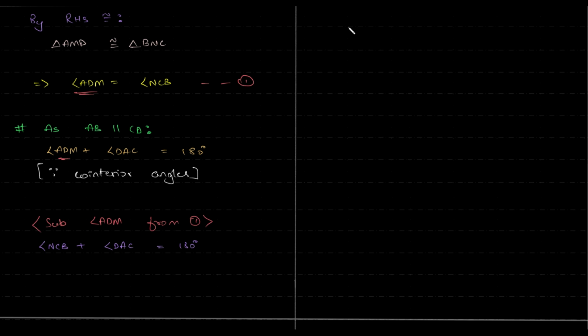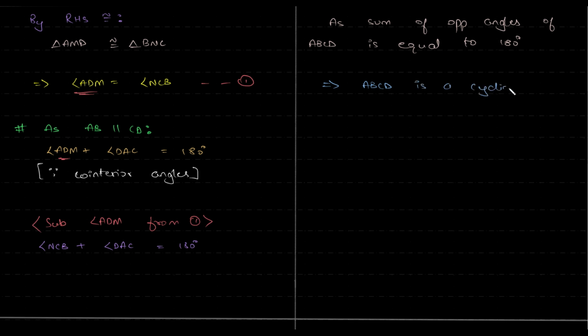And at the end of it, as the sum of opposite angles of ABCD is equal to 180 degrees, this particular information infers that, from this we can confirm that this is a cyclic quadrilateral.